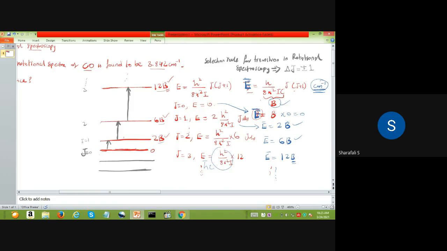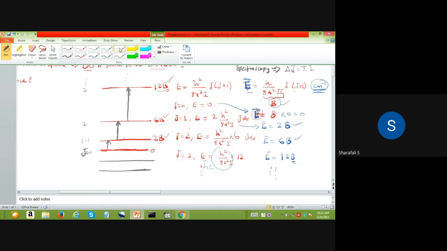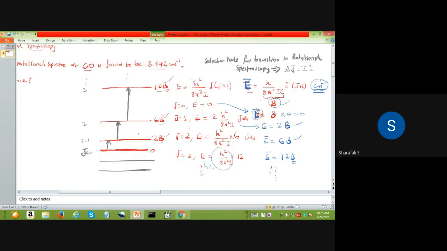So when this transition occurs, we have different spectral lines which come out from that particular molecule. In this case, it is carbon monoxide. For example, if it is going from 0 to 2B energy level, then we have a spectral line at this position.